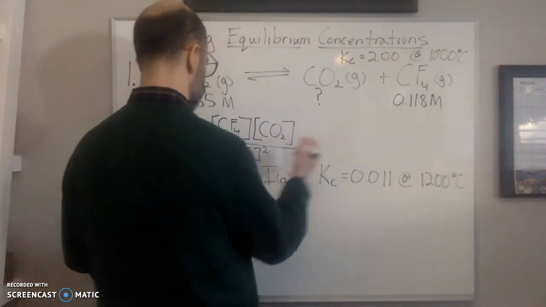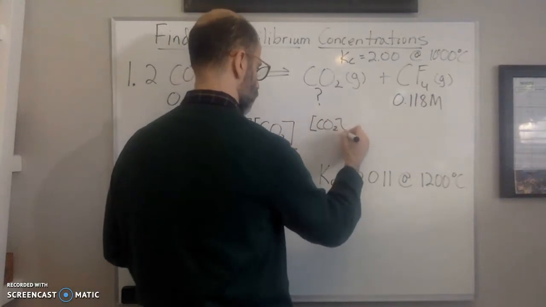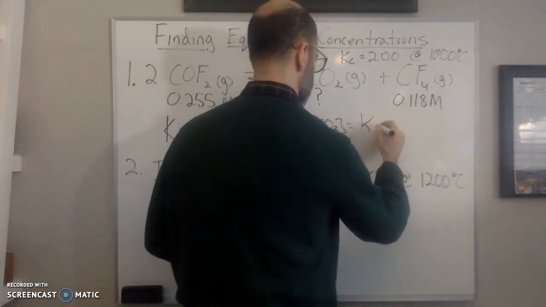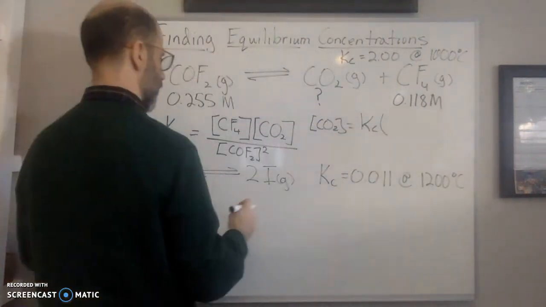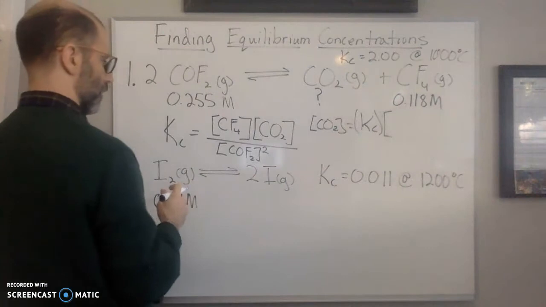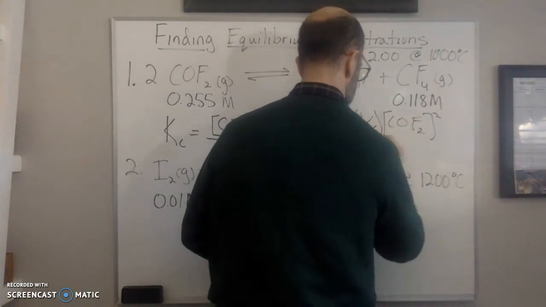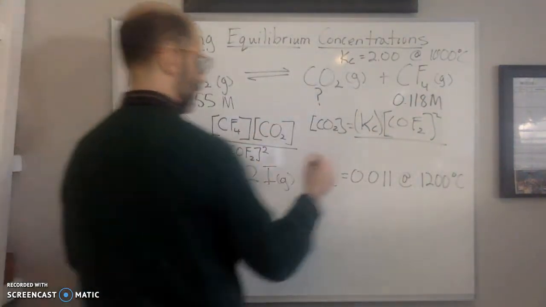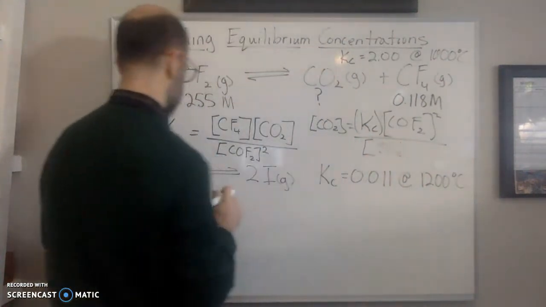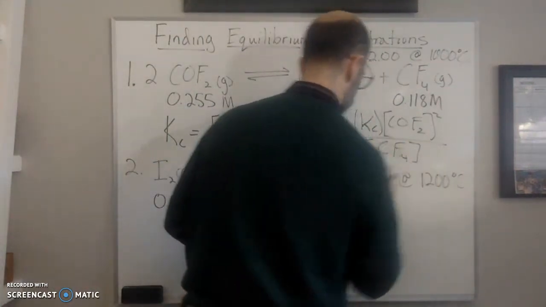So then I can solve this equation for CO2, so the concentration of CO2 then becomes equal to Kc multiplied by COF2 squared divided by the concentration of CF4.